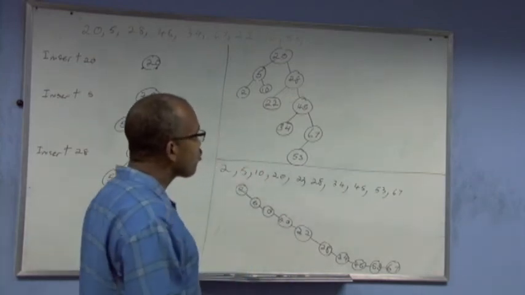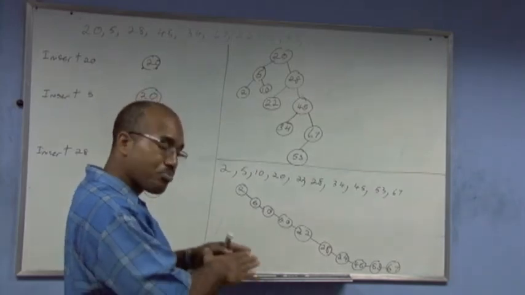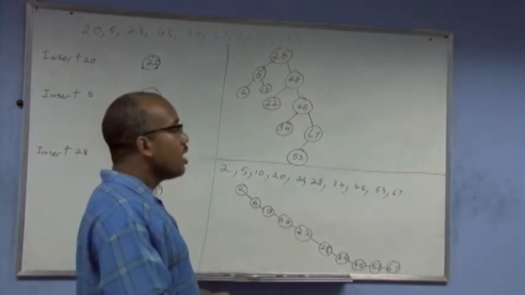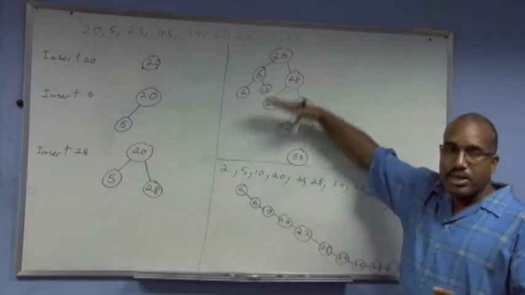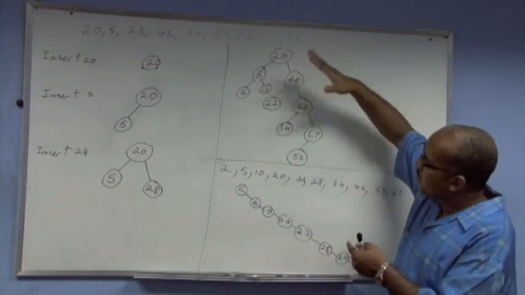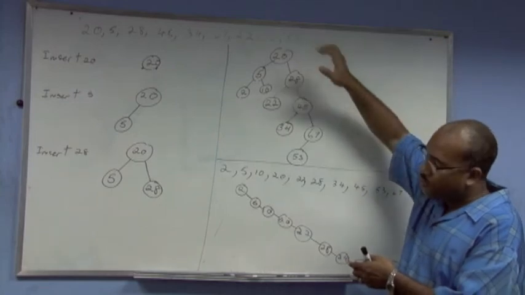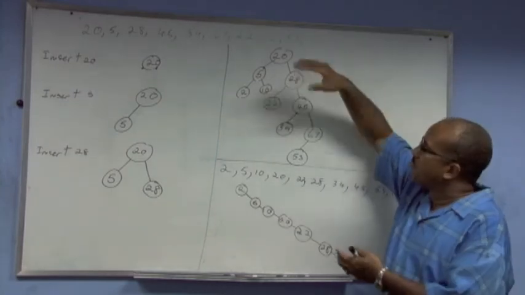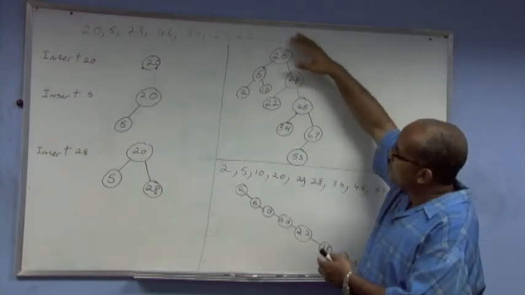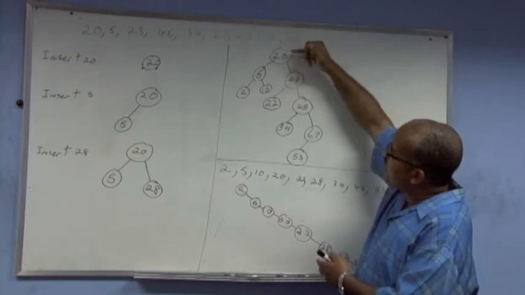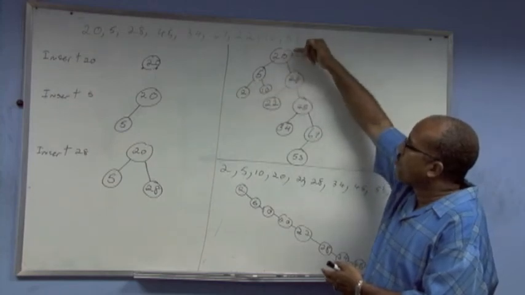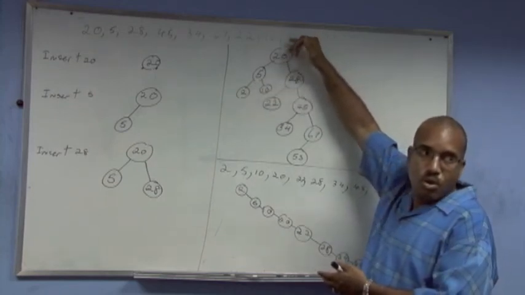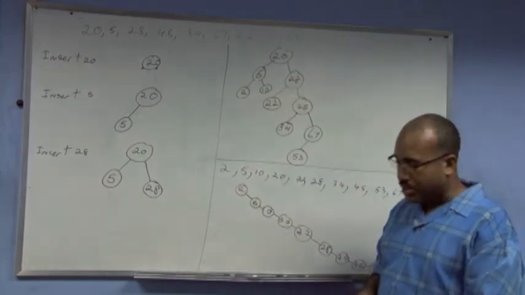Now, because a tree can spread out the data, we can actually get pretty good performance if the tree is balanced, meaning that, if the tree is completely balanced, then you're going to have the height of the tree being pretty much constant from the root all the way down to all the leaves.